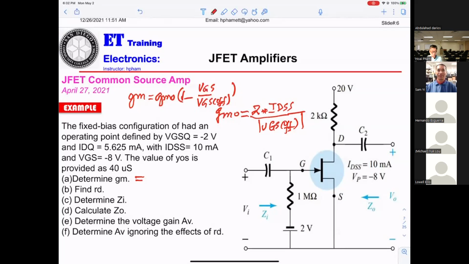Your GM should come to 1.875. Okay, you get 1.875 millisiemens.